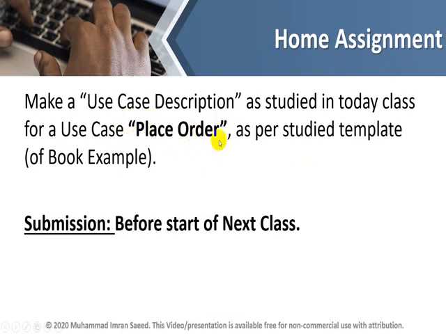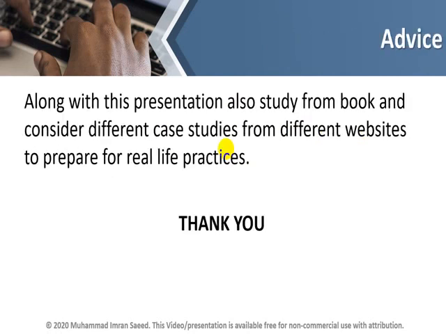Check what the precondition, post condition, main flow, alternate flow and exceptional flow must be. You will have to write them down and place all of that in this particular template. Submission is before the next class, so you will have to upload it before the next class.